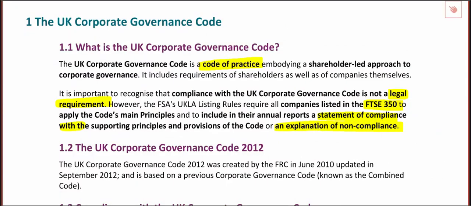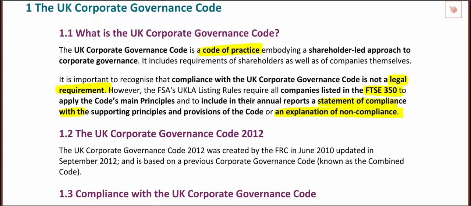Now, what that means is businesses do not have to comply with every single piece of the UK Corporate Governance Code. However, what they must do, remember this is listed companies, they have to either comply or they have to explain why they haven't.